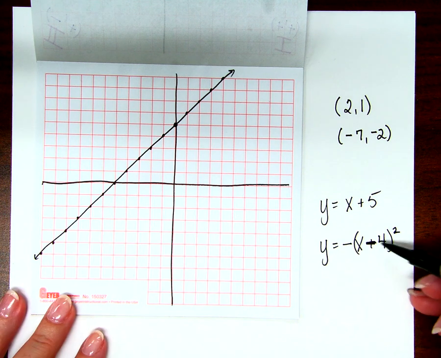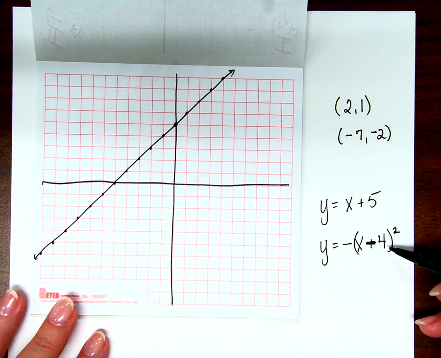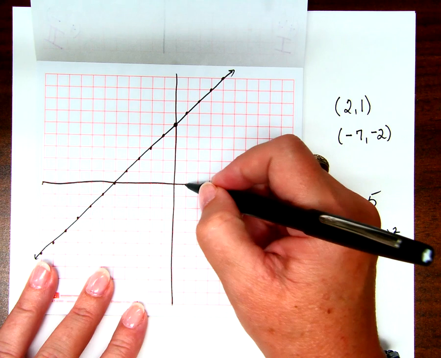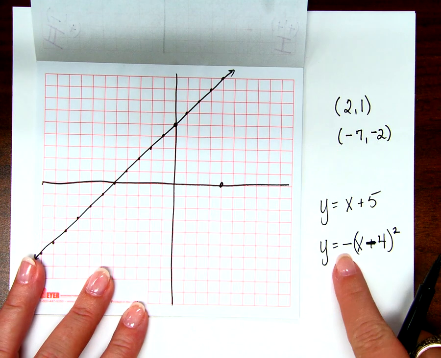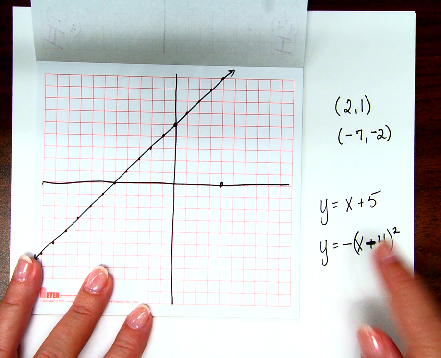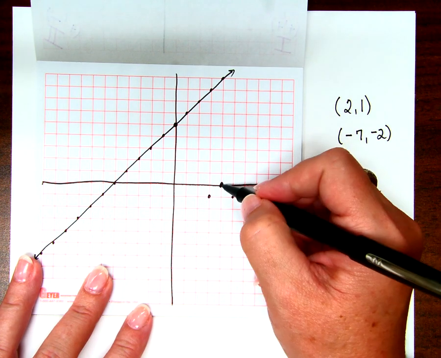If it's inside, it goes where? Correct? Left or right? This says -4, so we're going to go right 4 because it's backwards of what we think. Okay? It's also perfect, reflected over the x-axis.